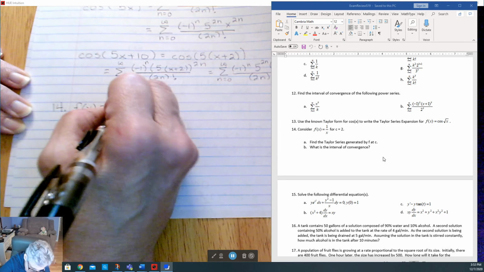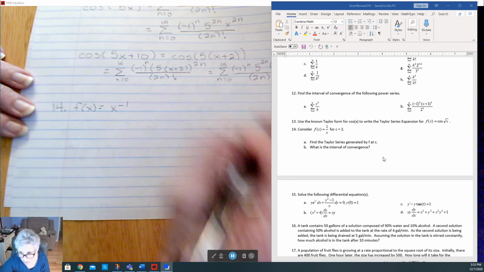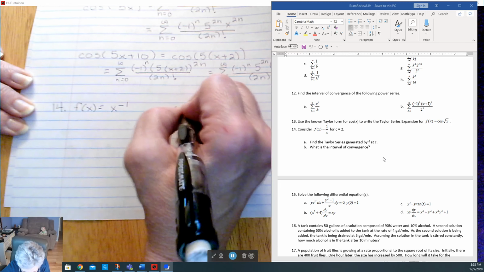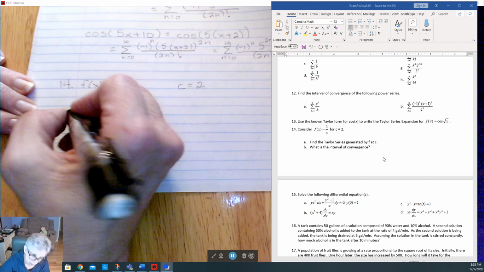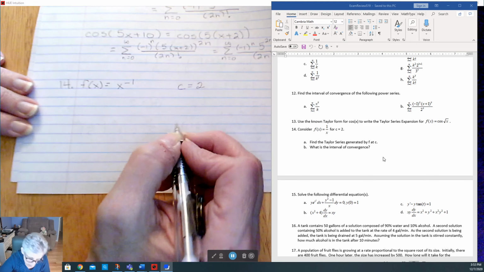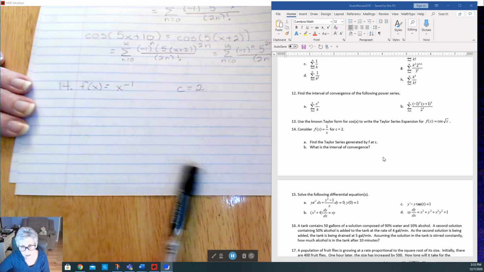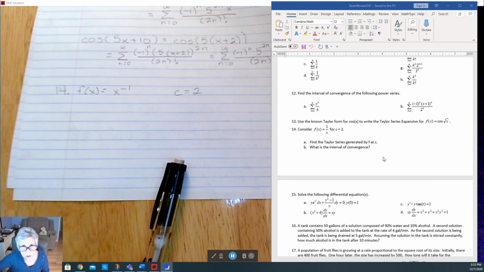And I'm going to write it as x to the -1 power. My center is equal to 2. So I'm going to make myself a little table. I'm going to take a moment and set up my table, and then we'll meet back here. See if you can get your table set up before you turn it back on. Take a pause.